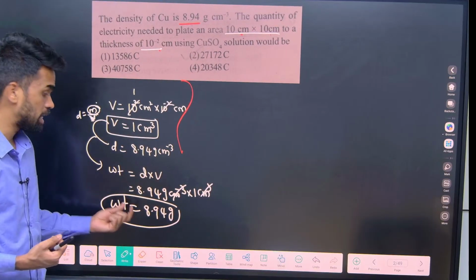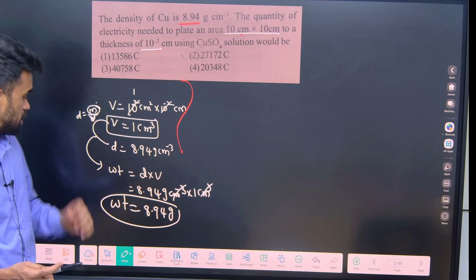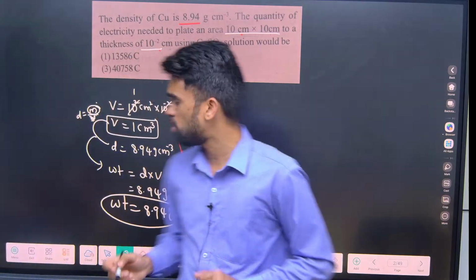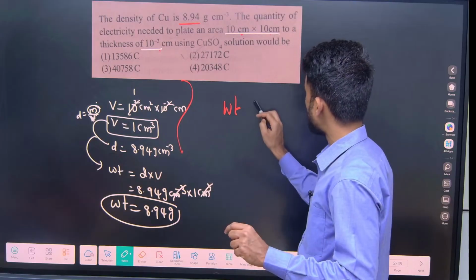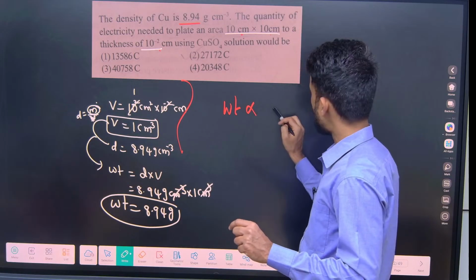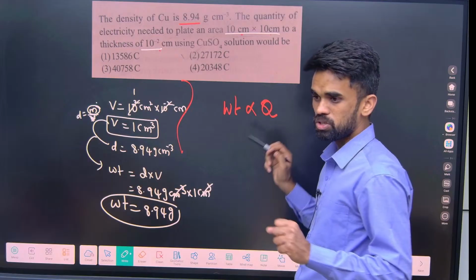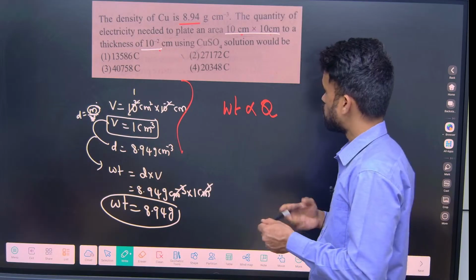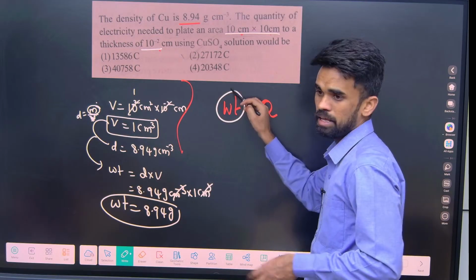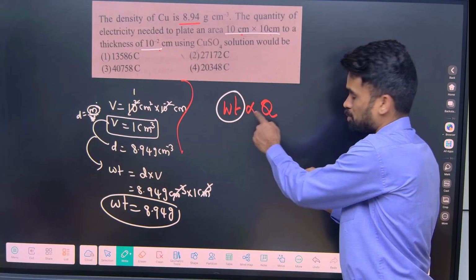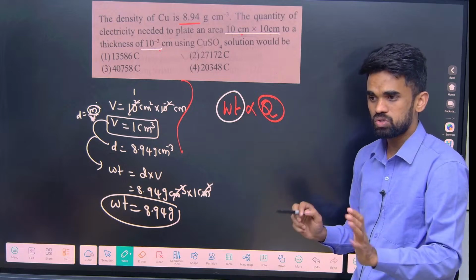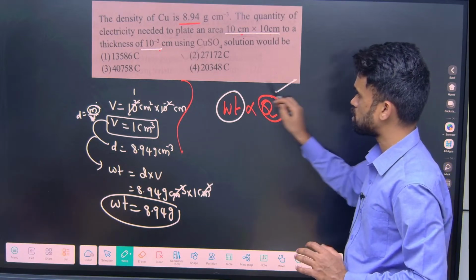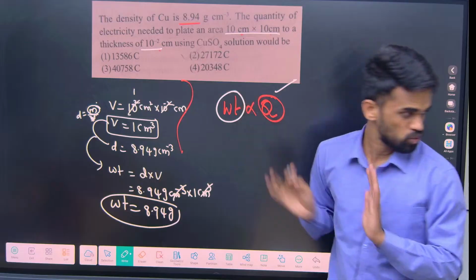See, we got the weight, the quantity of copper deposited. From Faraday's laws, what we have? The quantity of a substance deposited at an electrode is directly proportional to the charge passed through that electrolytic solution. More charge, more quantity is deposited. That is what it says.